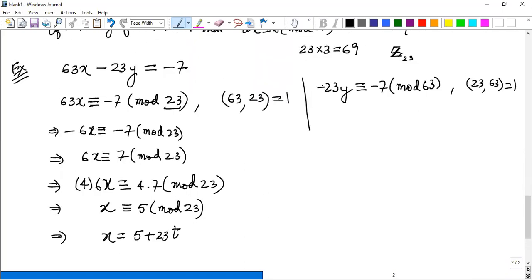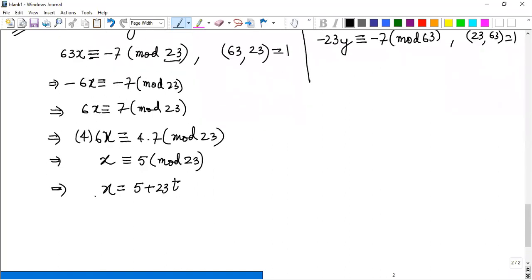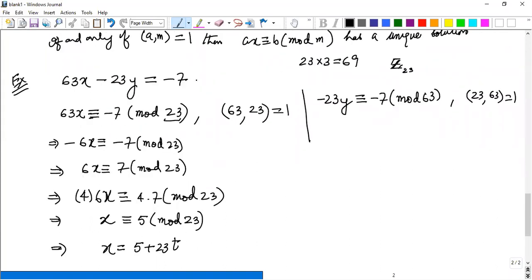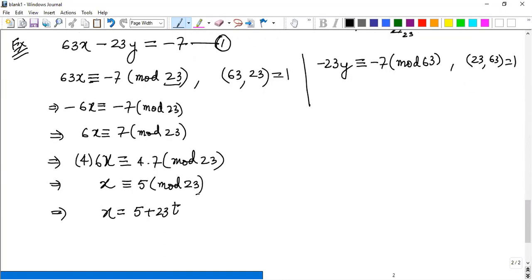You can either solve another linear congruence, or you can put the value of x that we have found from here into the actual linear Diophantine equation to get the value of y in terms of t. So we put this value in equation 1.